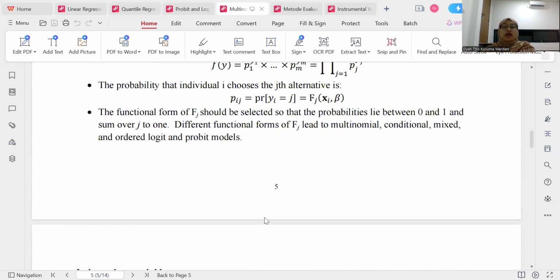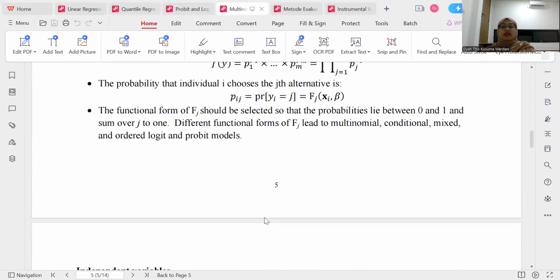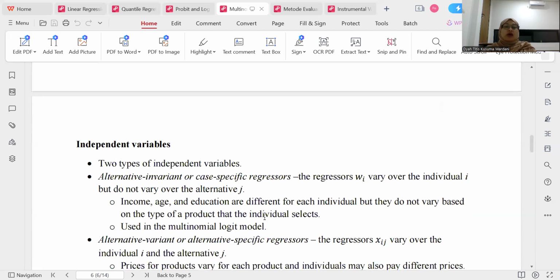And here we can lead into the differentiation between the multinomial, conditional, mixed, and ordered Logit and Probit models. For the independent variables, there is also a requirement. There are two types of independent variables. First, alternative-invariant or case-specific regressors. The regressor wi varies over the individual i but does not vary over the alternative j.